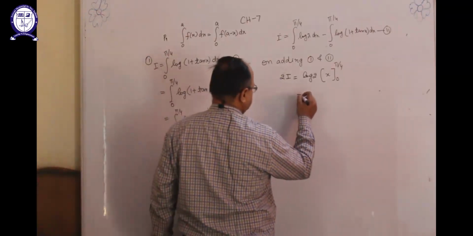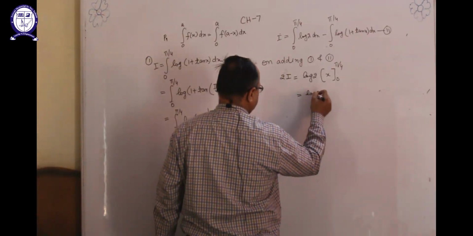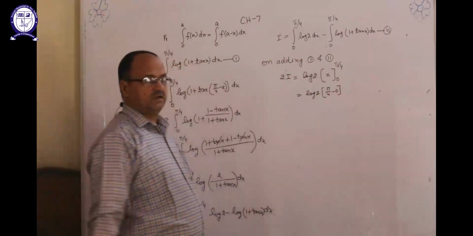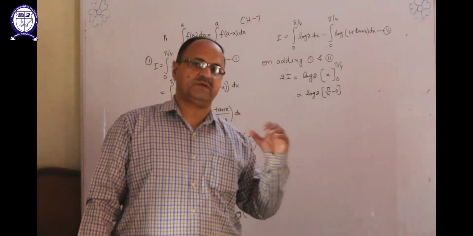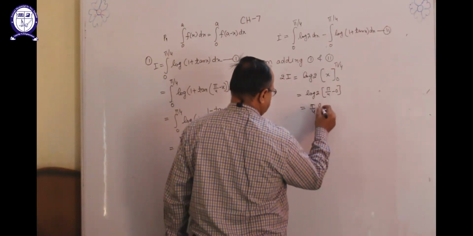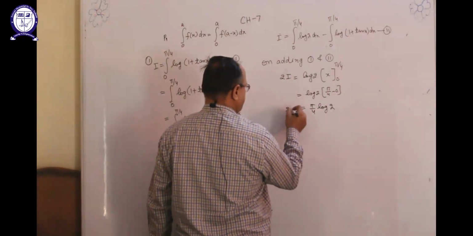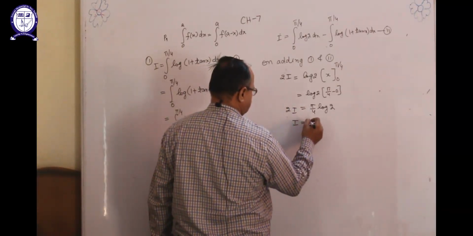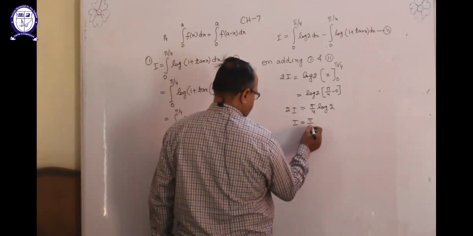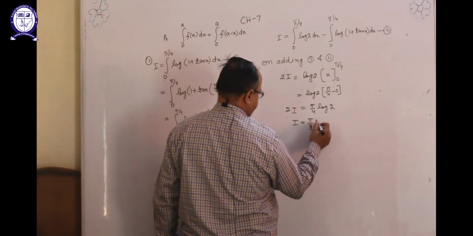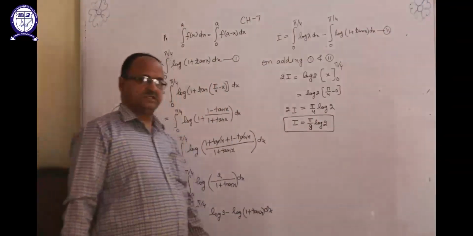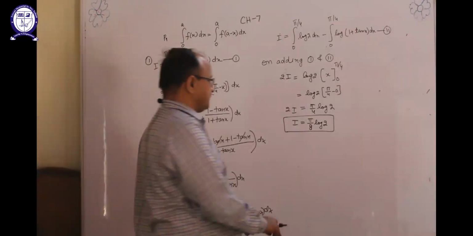Now log 2 times pi by 4 minus 0. After integration, put the limits, upper limit minus lower limit. Therefore pi by 4 log 2 is equal to 2I. Therefore I is equal to pi by 4 into 2, that is 8, pi by 8 log 2. This is the solution of this very important question.